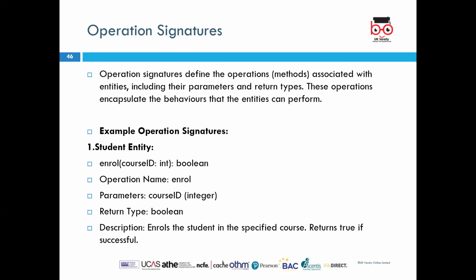So examples of operation signature. We have the student entity. We have a role, which has to be an integer type of value, a data type, and it's going to return a Boolean, which is yes or no.